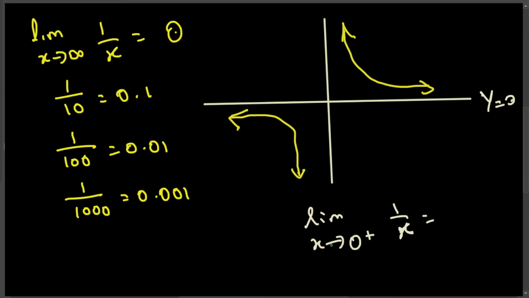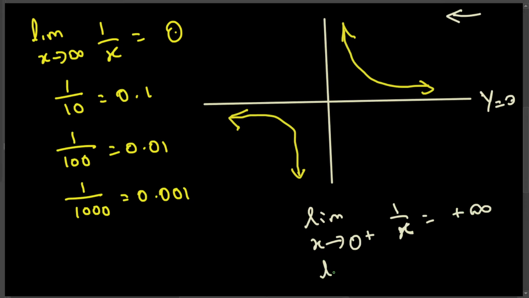And when x approaches 0 from the right side, it means going from right to left. So from right to left, what's the y value? You can see this graph is converging toward a y value of positive infinity. You can see it going forever. So this is positive infinity right here.